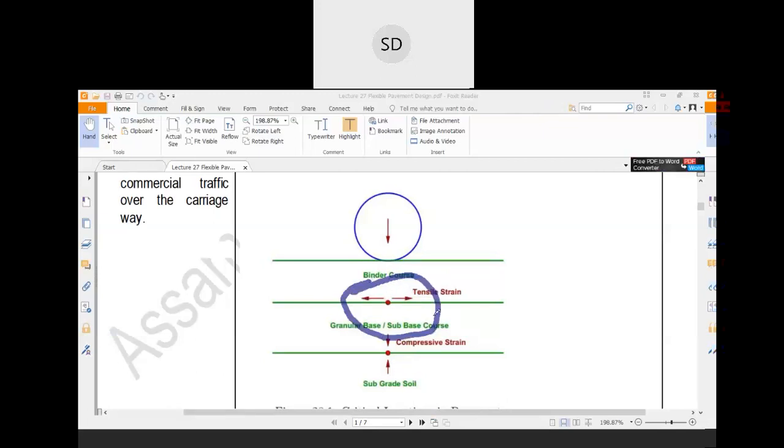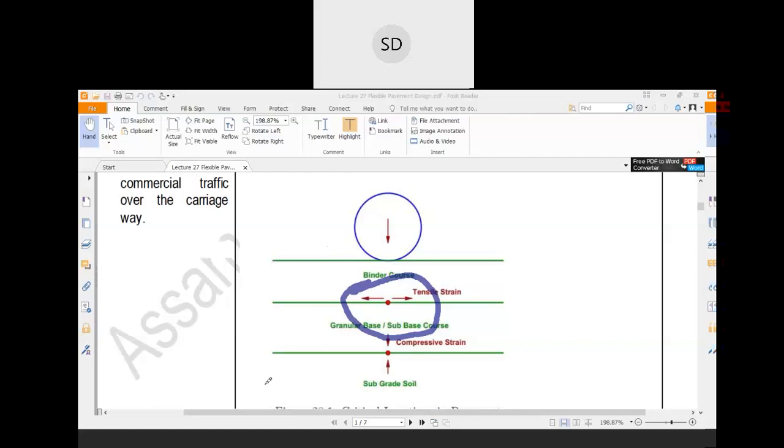Because of this tensile strain imposed at the bottom of the binder course, some cracks will be generated over the pavement surface. And when this cracking is more than 20%, we will say that the pavement has failed. This type of cracking is called fatigue failure.